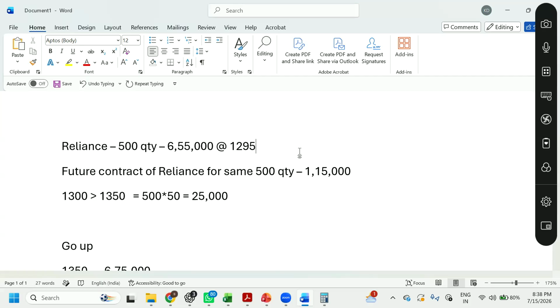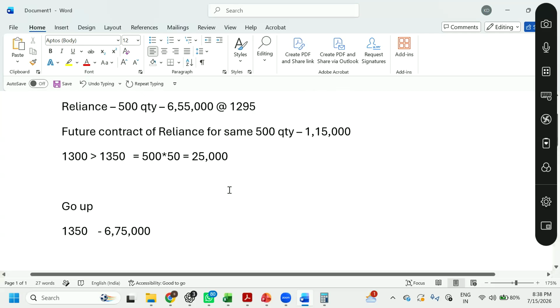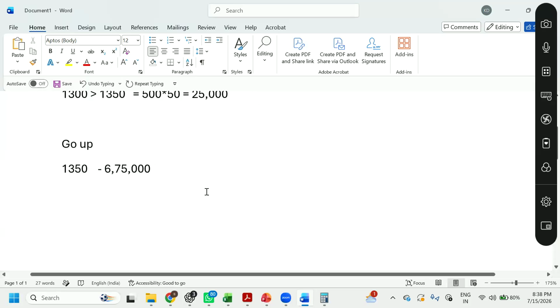But I'm anticipating the price can go up. That is why I have taken the futures long position of Reliance. And in the month of August, when it has gone up, since I have the money, I'm actually buying the Reliance at 6,75,000. But is it like 6,75,000 I am paying here? Not exactly, no. Why?